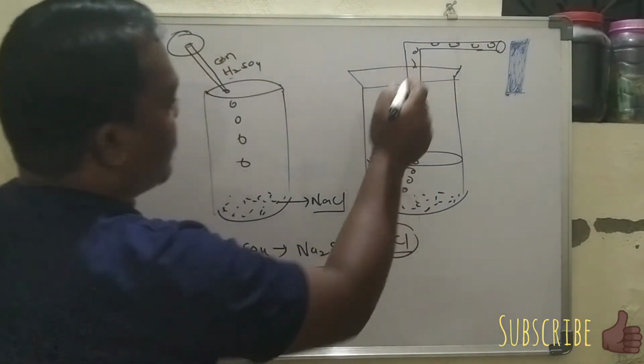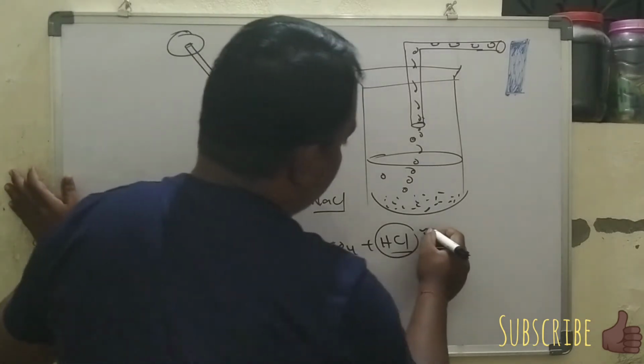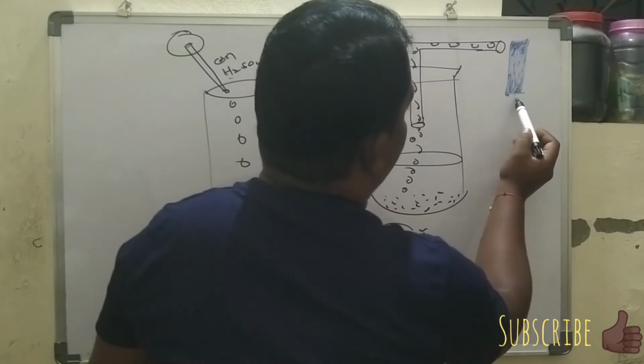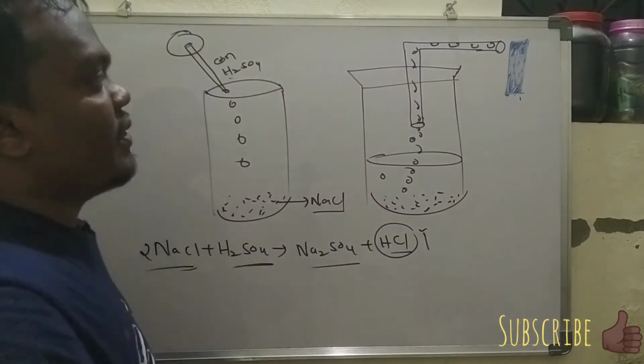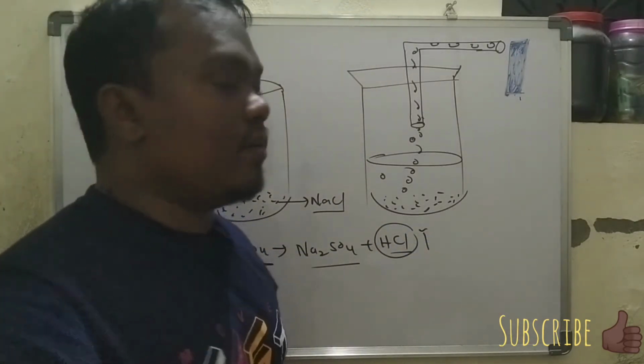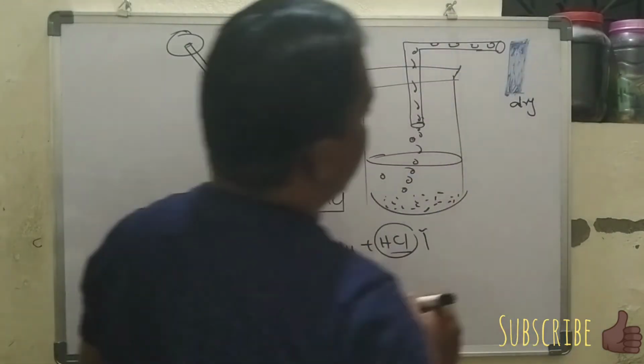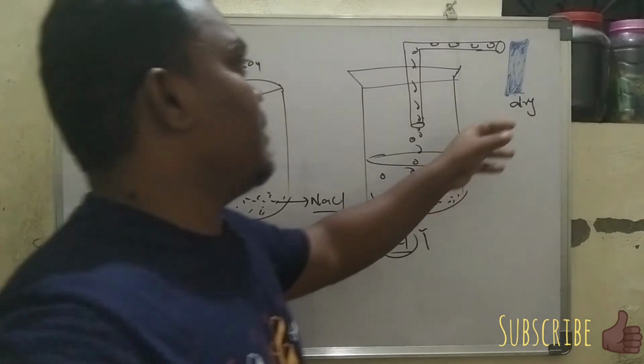Hydrogen chloride is a gas, so it comes out in the form of gas. When it comes out, I am going to take a blue litmus paper, which is generally dry. So I take dry litmus paper here.